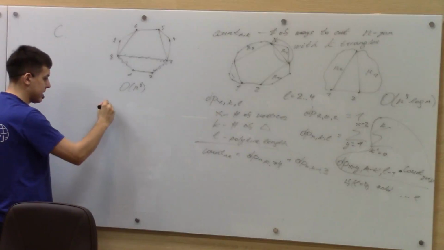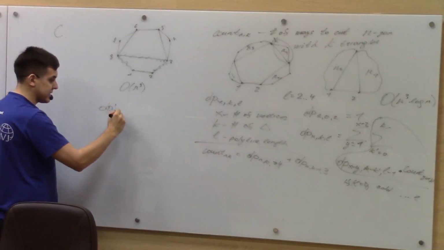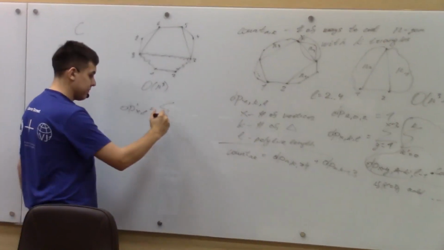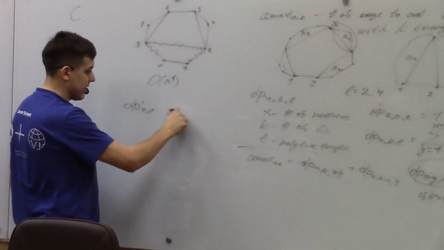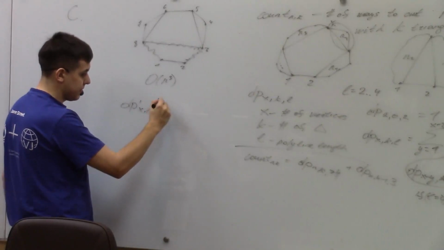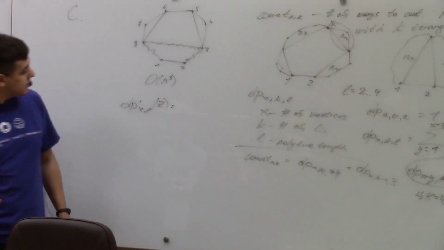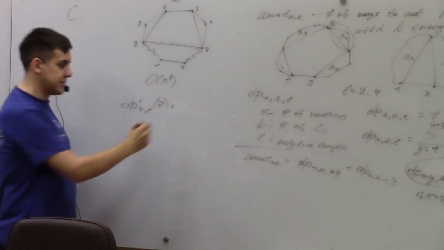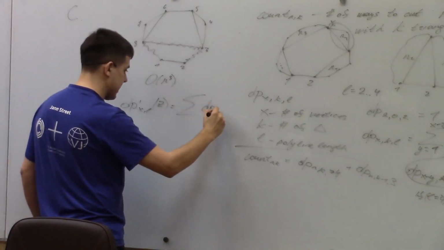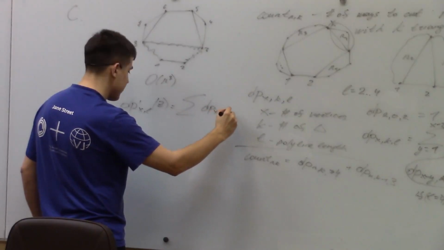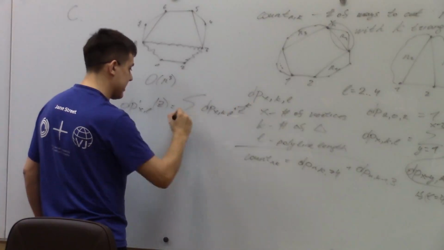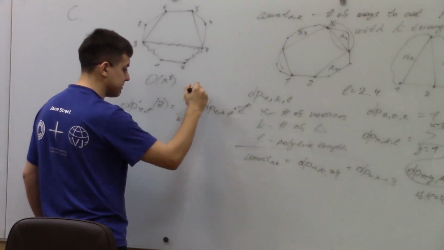So dp prime of x and L is the sum, and this will depend on some parameter z. And this is the sum of dp x k L times z to the power of k, and we'll sum over all possible k's.